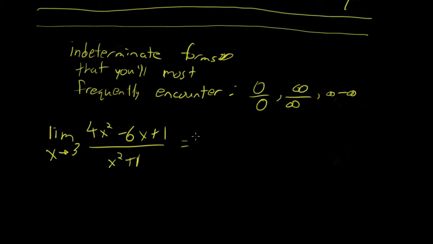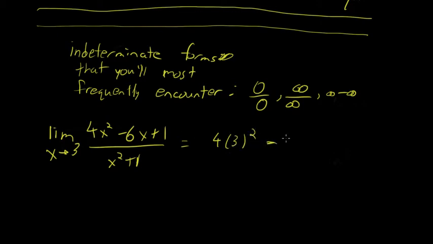And before you do anything, before you even try to factor or anything like that, what you should do is check in both the numerator and denominator, check in the whole expression. As x gets close to 3, what happens to everything else? This 4x squared is going to get close to 4 times 3 squared.